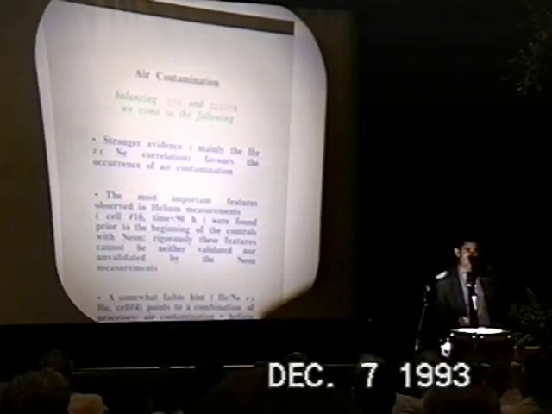pros and cons. And I am forced to say that the stronger evidence, mainly the helium versus helium correlation, favors the cause of air contamination. Why is that? Because it's the simplest way to explain the helium correlation. However, rigorously, if one sees something that opens and closes a contaminant, we are blind with respect to the most important features observed in the helium measurement, which were done before the beginning of the helium checks.